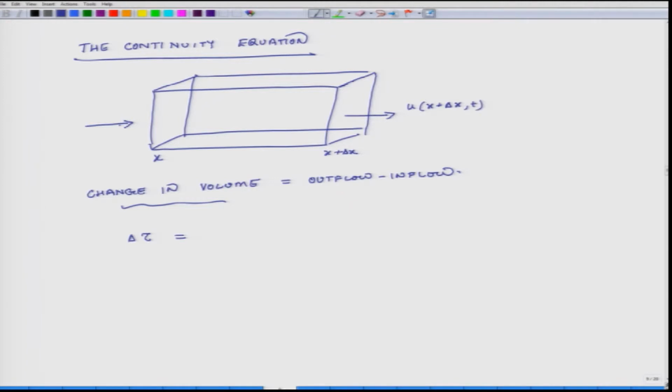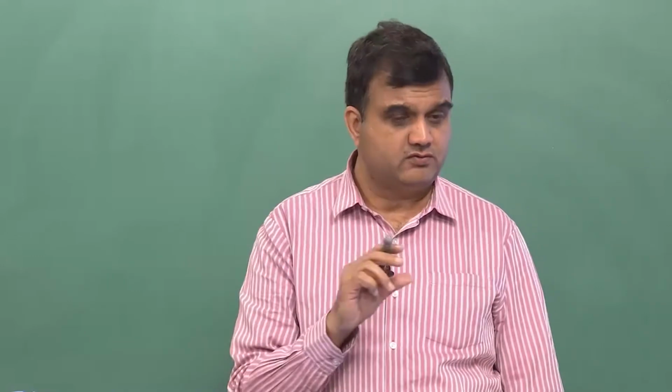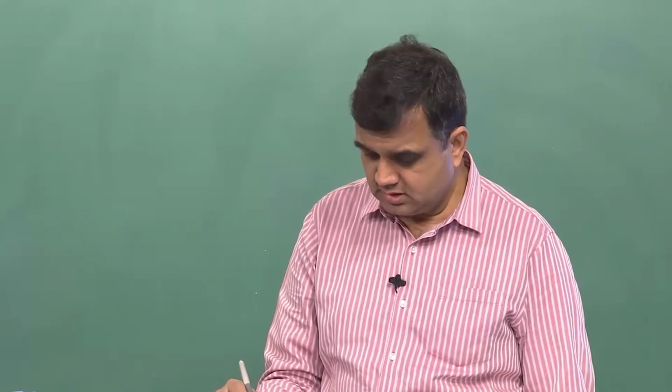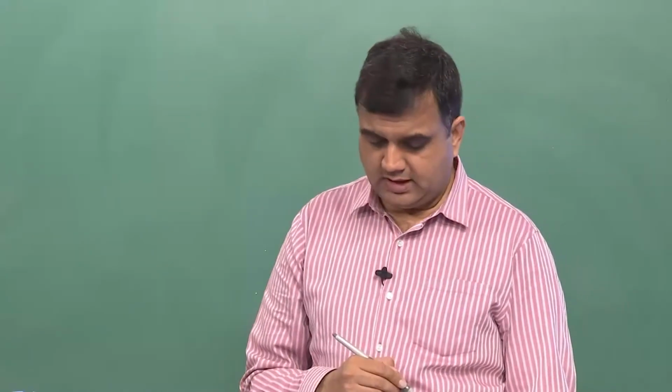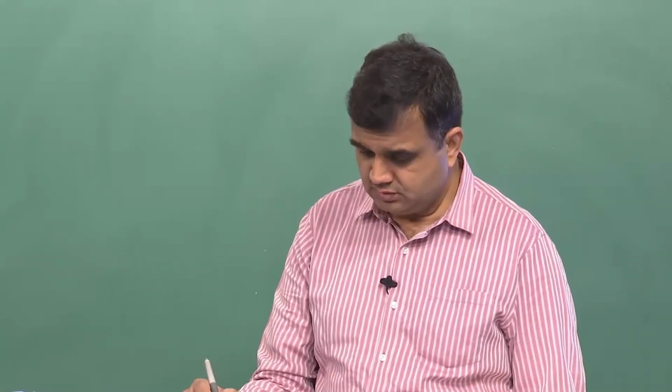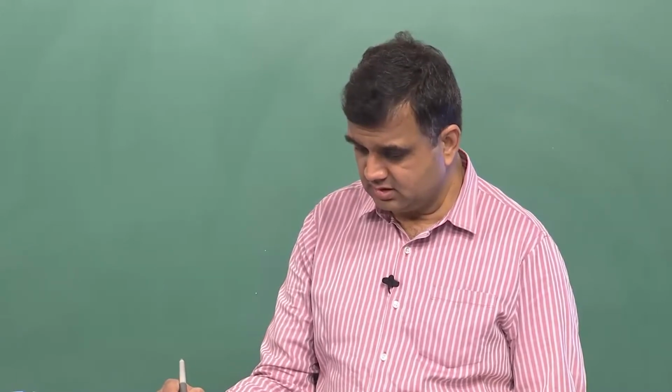I multiply this u by the area, so it will be u(x plus delta x, t) times delta A, and this is the outflow happening in 1 second. So, if the total time in which we are interested is delta t, then we multiply by delta t. This is the outflow, and the inflow is u(x, t) times delta A times delta t.